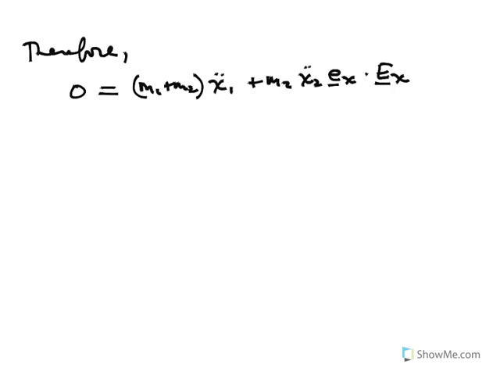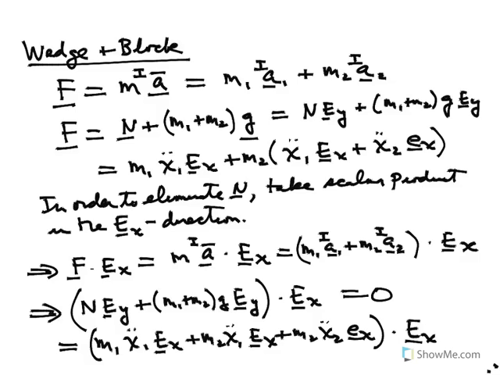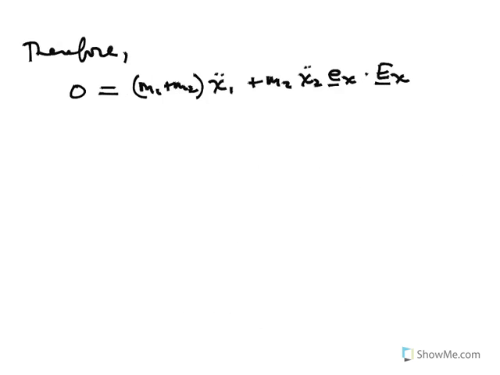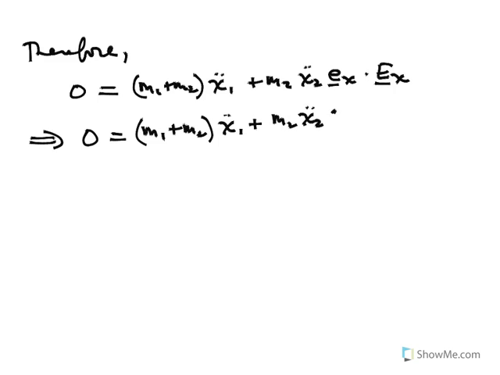Again, we wind up with a similar situation. We already have taken that before. That's equal to cosine beta. So this gives that 0 is equal to (M1 plus M2) x1 double dot plus M2 x2 double dot times the cosine of beta, and this is the second differential equation.